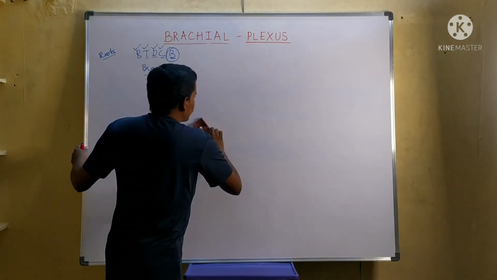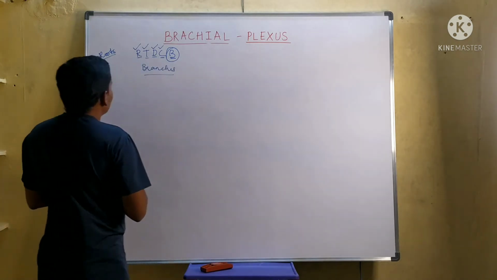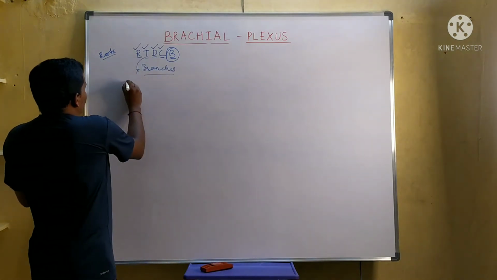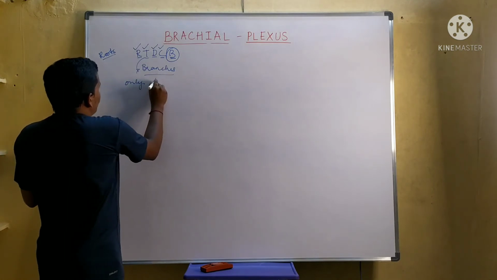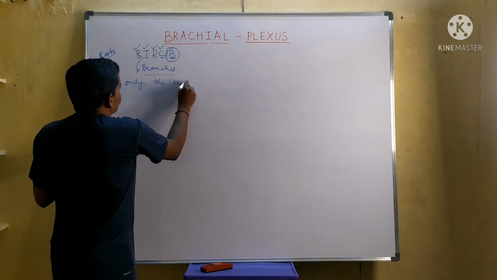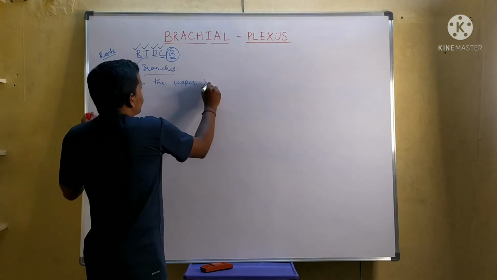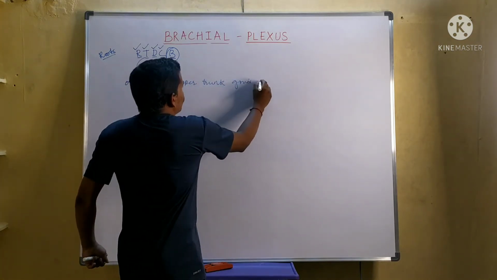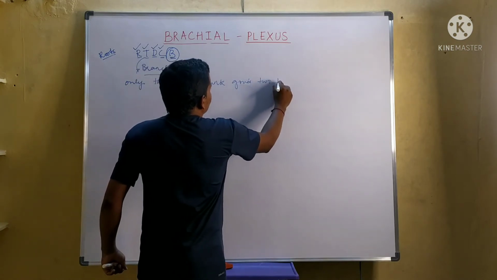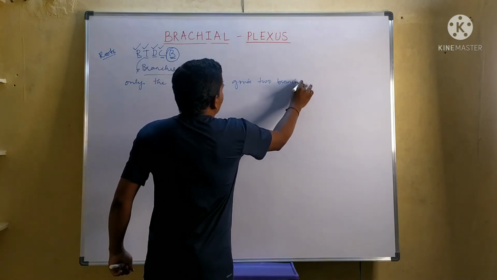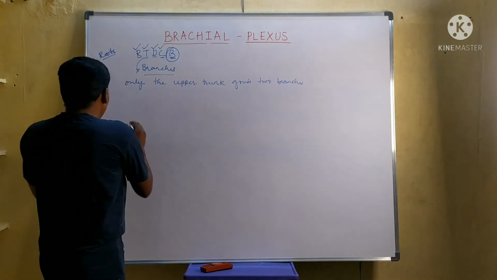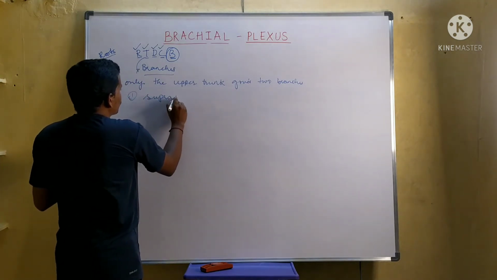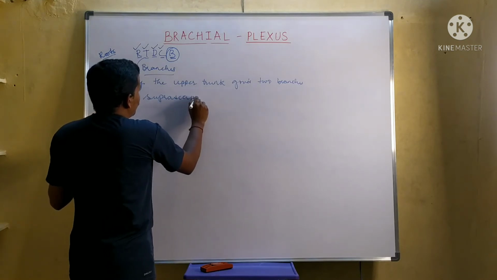What are the branches from the trunk? Only the upper trunk gives two branches. What are they? First one is suprascapular nerve.